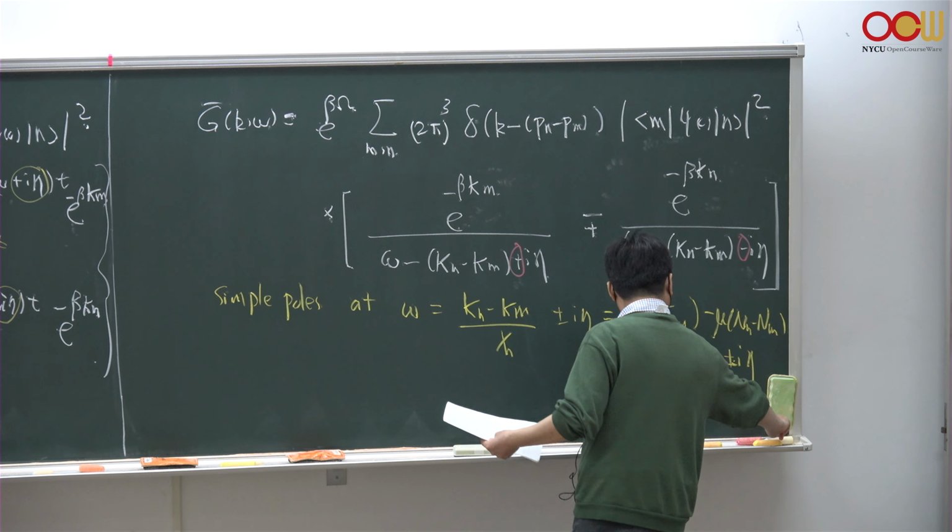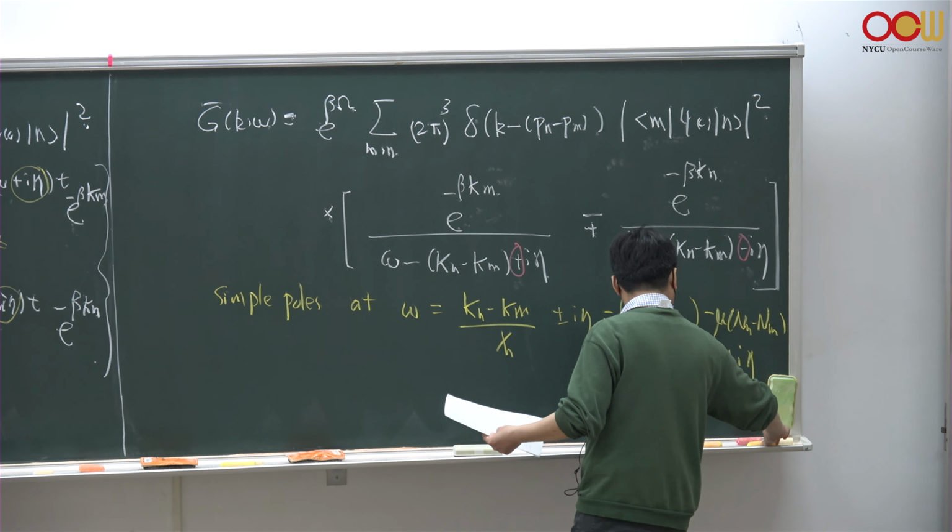So let me finish this by saying this residue, the matrix element squared, vanishes unless n_m is actually n plus 1. So we will explain this condition next time. Right? This residue is actually a matrix element squared, but as I mentioned, this is the destruction operator. So the number of particles in the bra state should be one more than the particles in the ket state, because this is the only way that you can make a non-zero matrix element.